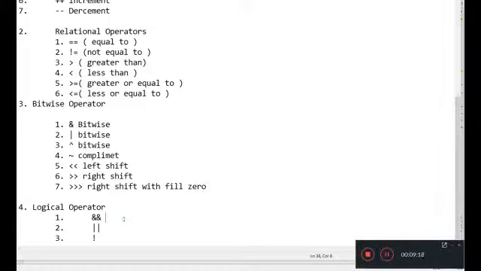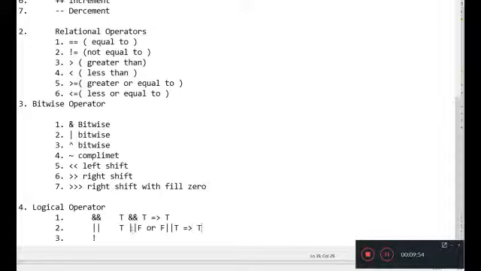If condition 1 is true and condition 2 is true, then our final output will be true. Similarly, with an OR, if one of the conditions is true, either true or false, or false or true, the result will be true.